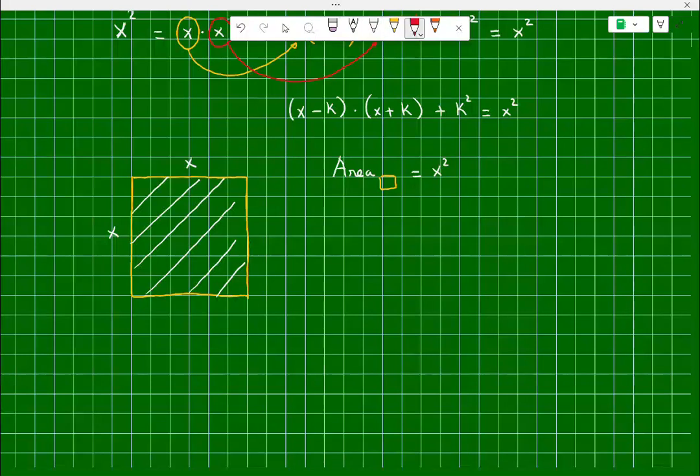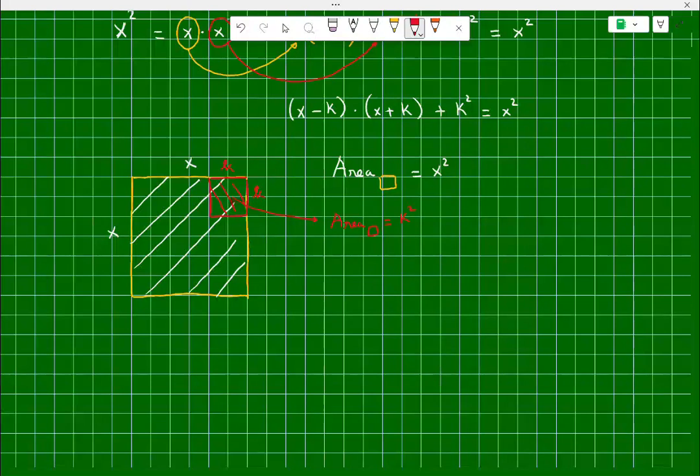Then imagine that you cut out a little square from this bigger square. I'm going to draw a little square here, and I will say that the side of the little square that I cut out is k. So this is k and this is k. Then the area of the little square is going to be k squared.